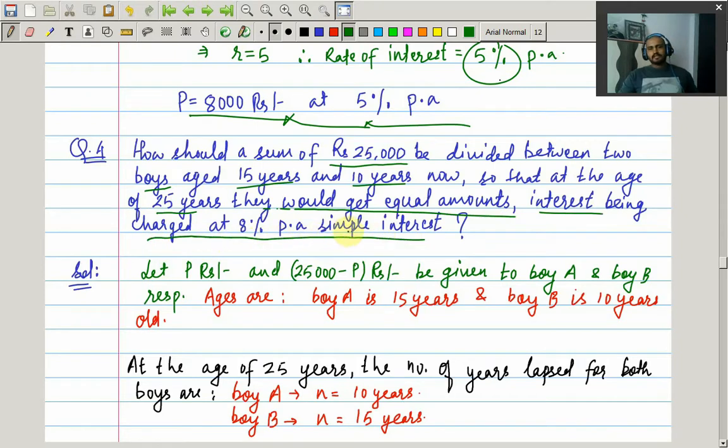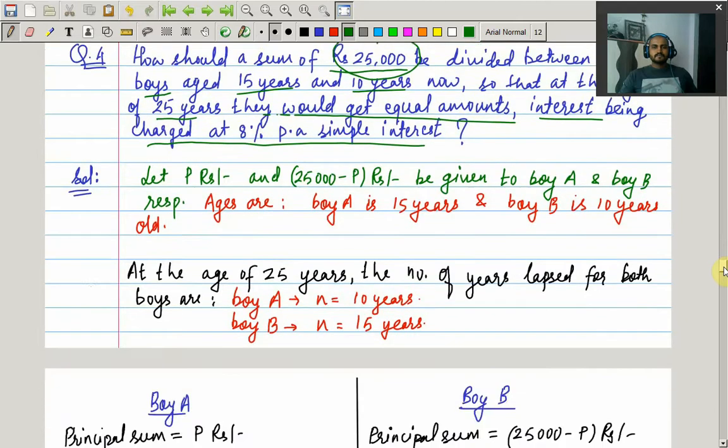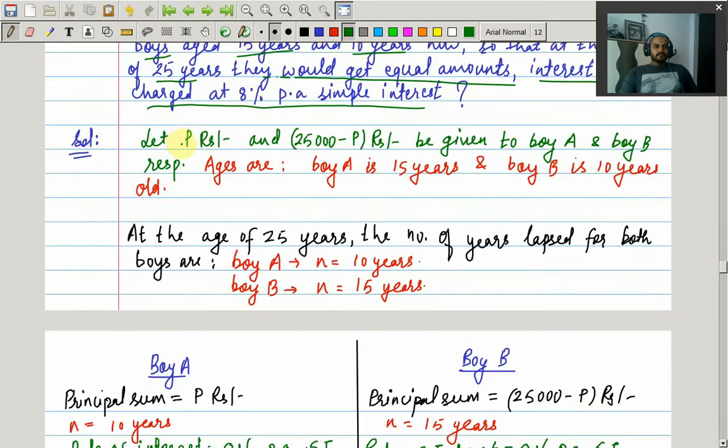So it's again a question of simple interest. We have to divide the total sum of 25,000 between two boys, one of age 15 years and another of 10 years. Okay, so let's read the solution.